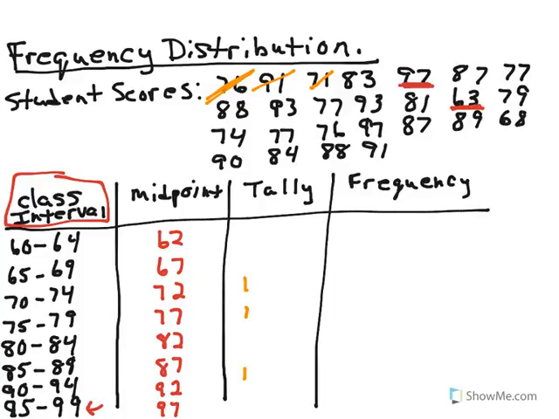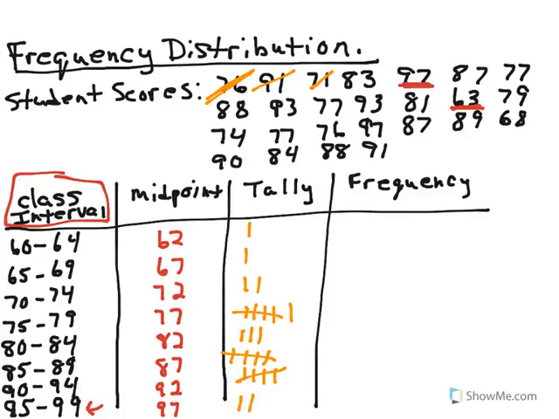And we will end up with 1 in the first class interval, 1 in the second, 2 in the third, 6, 4, 5, 6 in the 75 to 79 range, 3 in the next one, 5 in the next one, 5 in the next one, and 2 in the last one.